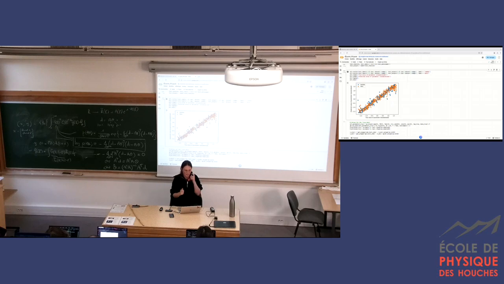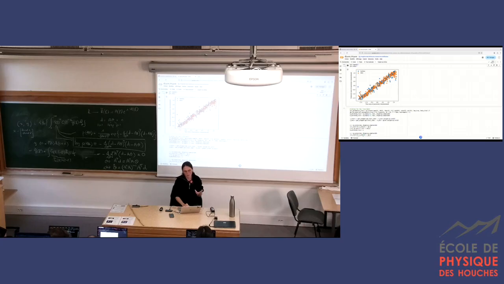The different colors here are one for beta, one for lambda. So it kind of worked well. It has some errors here and there, and maybe it would be narrower if you trained for longer.